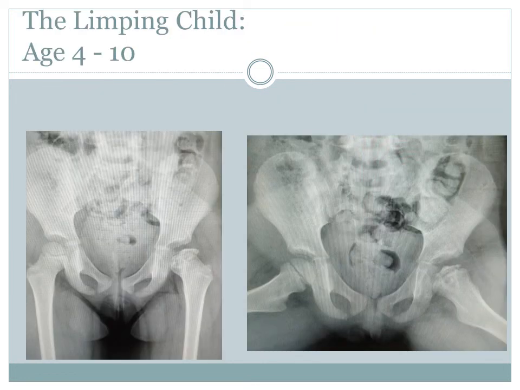In the age category from 4 to 10 years, the painful limping in children, you should ask for an X-ray of the pelvis, of the hip, because of this very famous condition occurring in this age group, which is called Perthes disease.